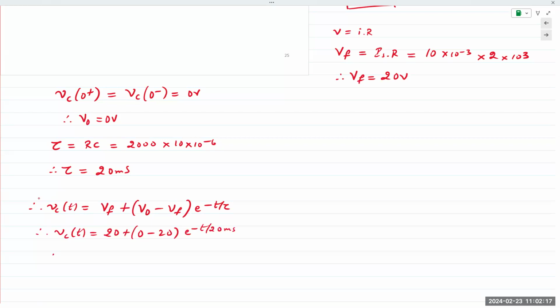Do not forget the units and the unit prefix. So Vc of t would simply be 20 minus 20 times e raised to minus 50t. This would be in volts, valid for all values of t greater than or equal to 0.